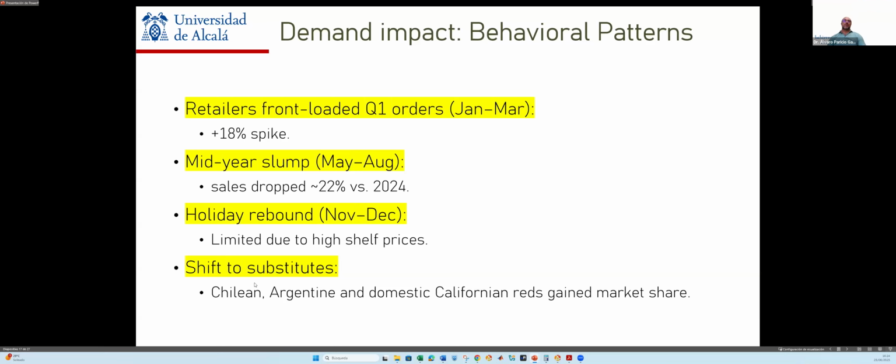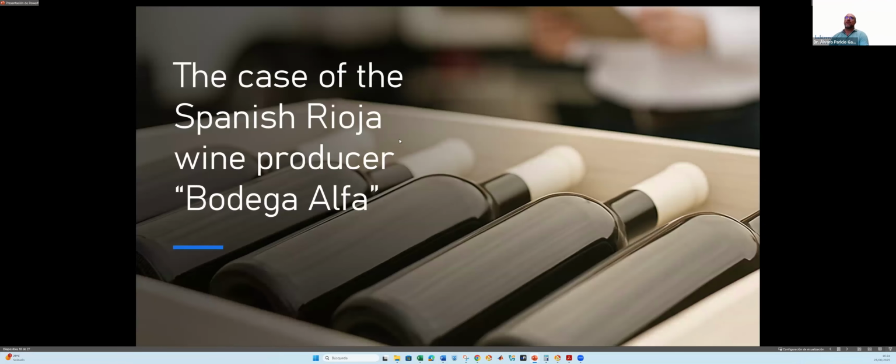And this is the most important thing. The retailers need to consider this, to shift to substitutes in the red wine market, moving to Chilean, Argentine, and other Californian red wines, being more affordable because they are not impacted by the tariffs.